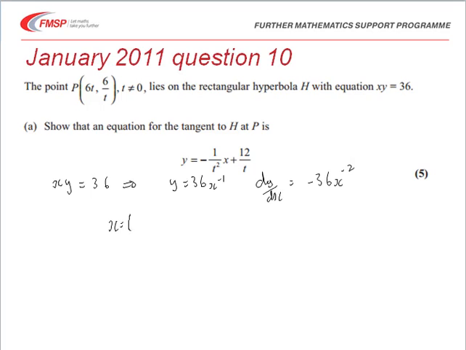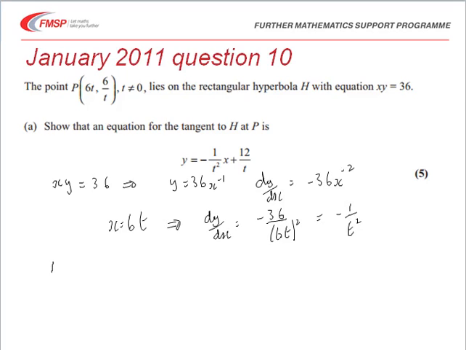At x is equal to 6t, this gives us a value of dy by dx equal to -36 divided by 6t all squared, or in other words it's equal to -1 over t squared.